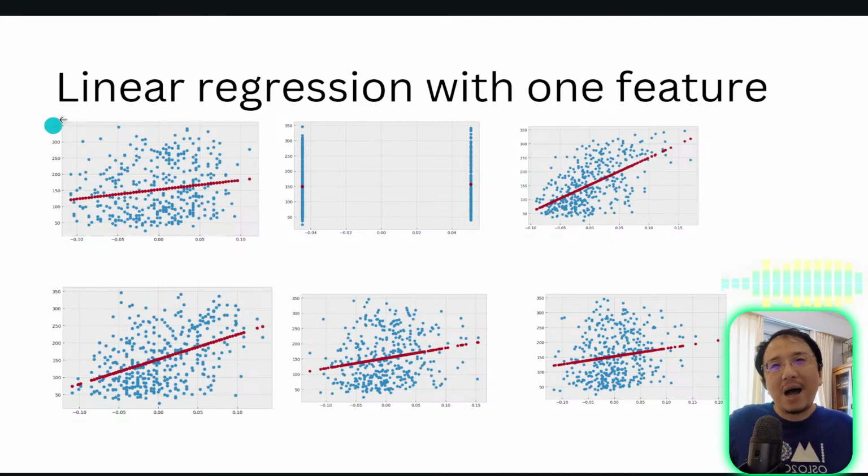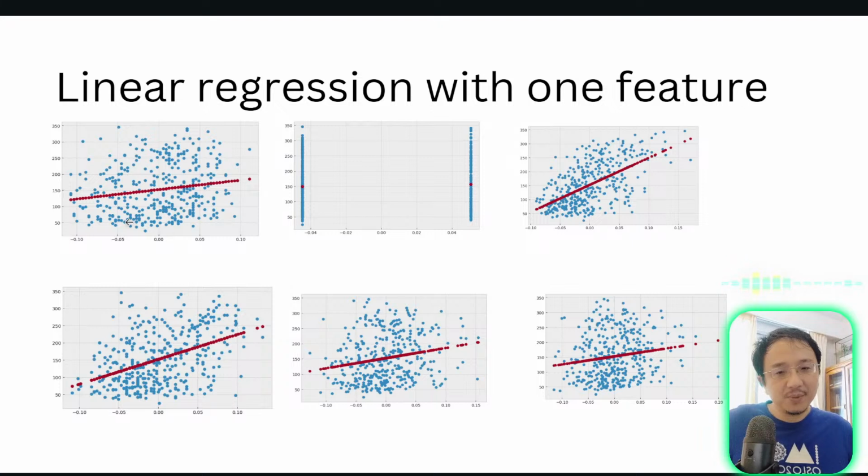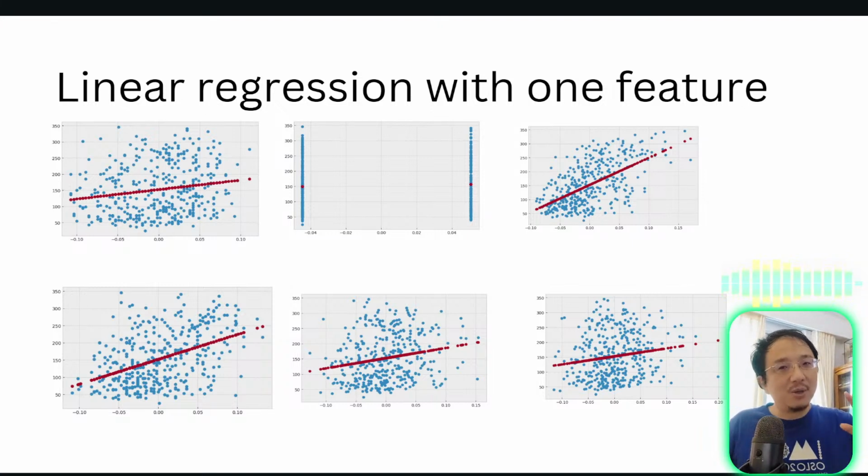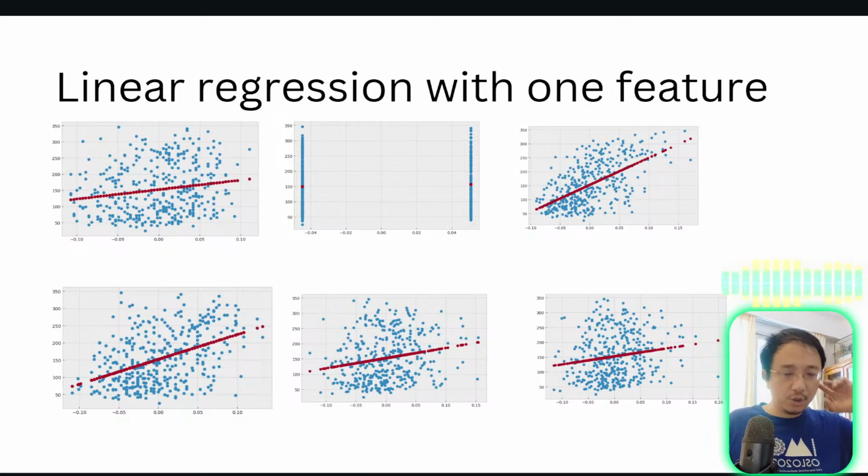Okay, before I do the full linear regression, let me do it one feature at a time. I have a cell in the notebook that you can try interactively. By interactive, I mean you need to modify the code. So you can change the feature to see the first one, the second one, and the third one, to see what happens if we only use one feature to predict the result.